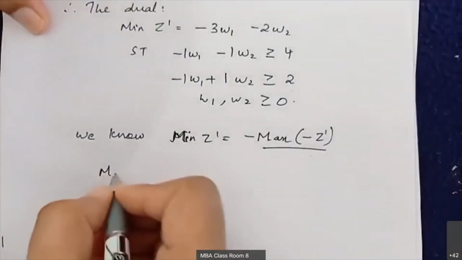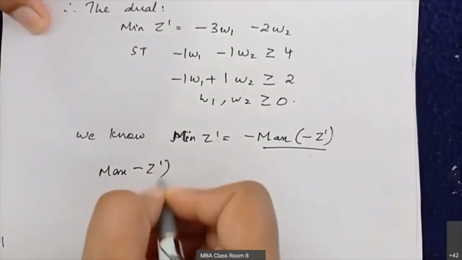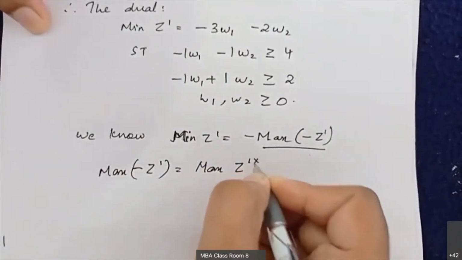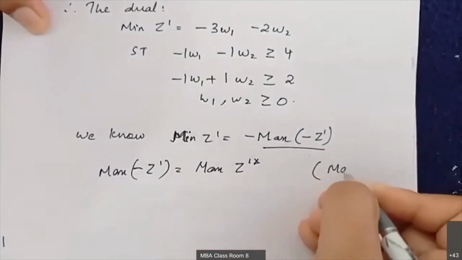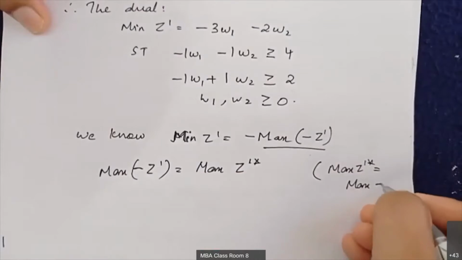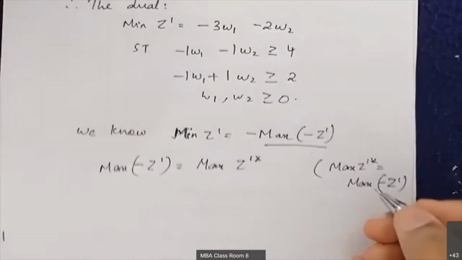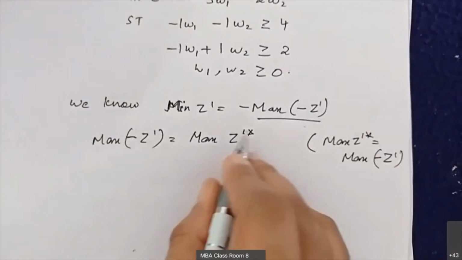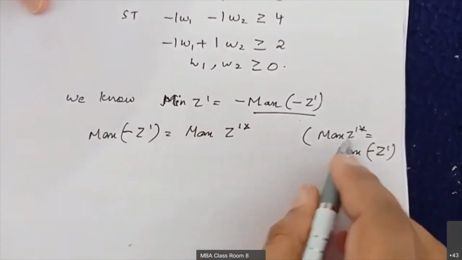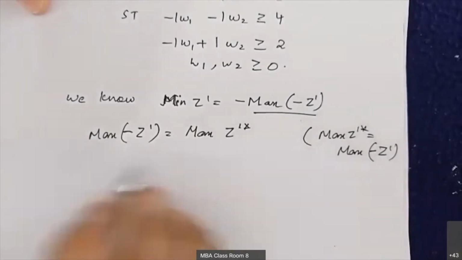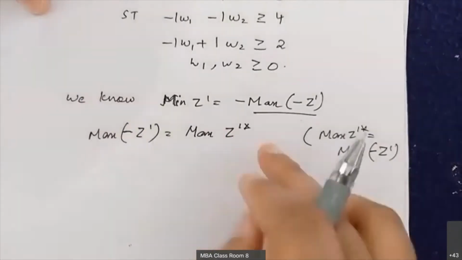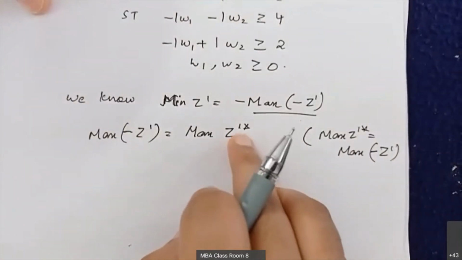So max of minus z', I'm taking it as max of z'*, where max of z'* is equal to max of minus z'. Instead of this minus, I'm replacing it with z'*. That is all the difference. I have written max of minus z' here also, that is this one, and I am taking it as max of z'*. I have not made any changes, just replaced this minus with the star.